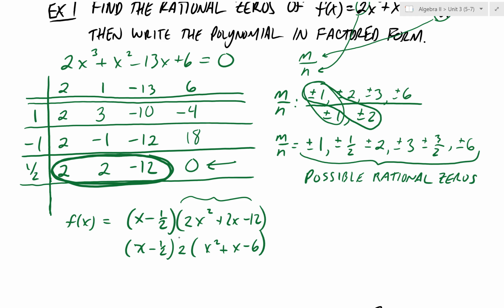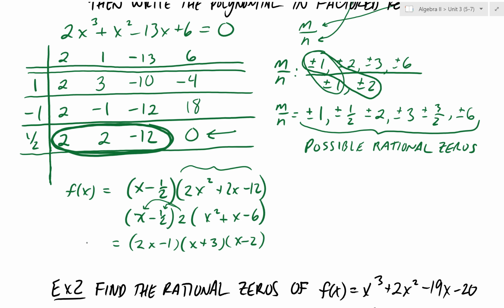And now that I have this 2 factored out, let's apply it to this to make it into what would look like a normal factor, 2x minus 1. And then, does anyone see how we can factor x squared plus x minus 6? x plus 3, x minus 2 would work. Now we have it fully factored.